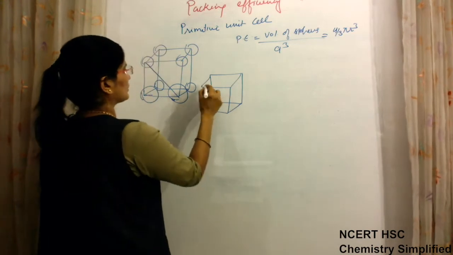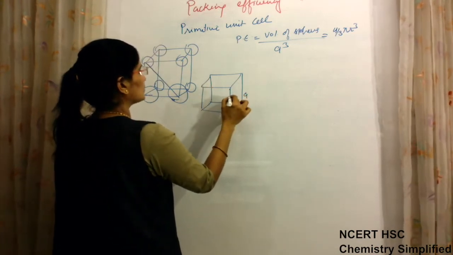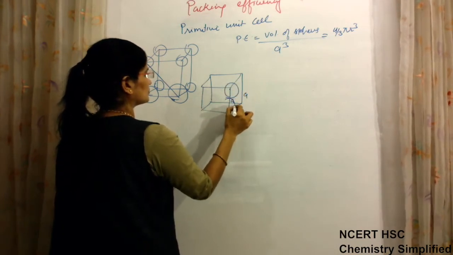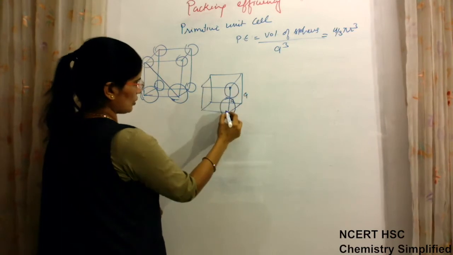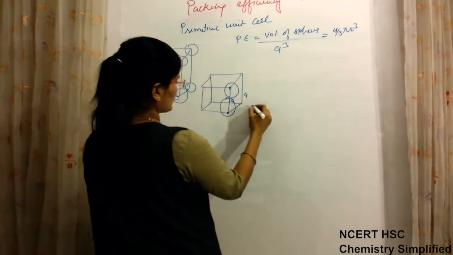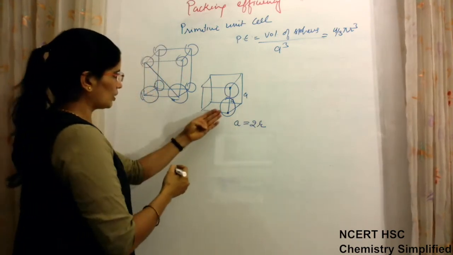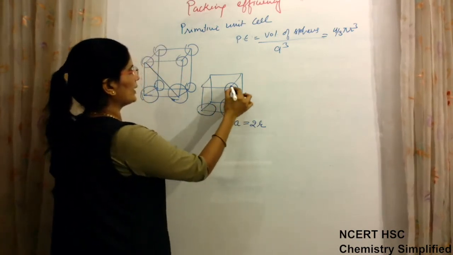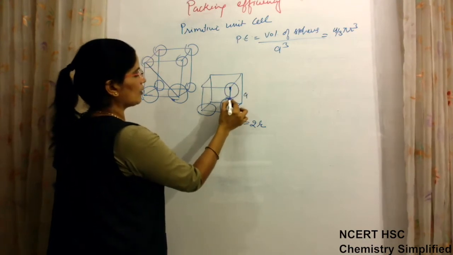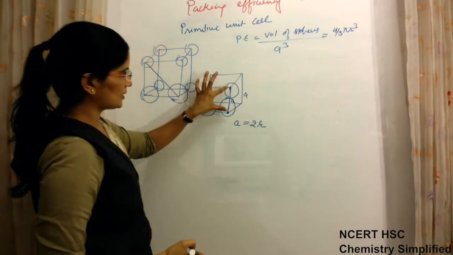Now this is a, this is a. If two particles are present, one on this corner, one on this corner, you can say that a is equal to 2r. You can see that this whole a has half the diameter of this and half of this, that is 2r.